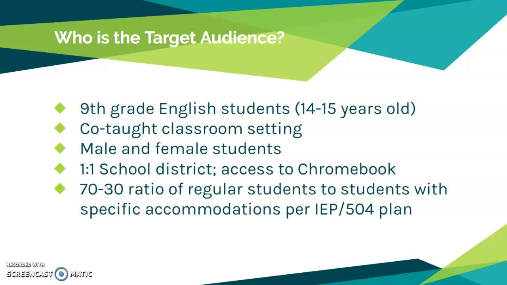There are students who need close proximity to the instructor, to positive peer role models, to the screen. There's a student with a PM device that they need to use for their hearing aid, and then just the multitude of other accommodations that come with 504s and IEPs. So we want to make sure we are specifically addressing that, which we'll talk about when we get into universal design for learning.